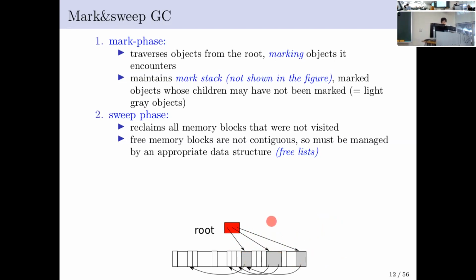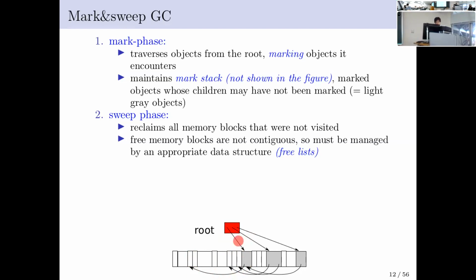We are not done yet, because you also have to discover the object pointed to by this object, because this one is also reachable from the root, by traversing pointers twice.